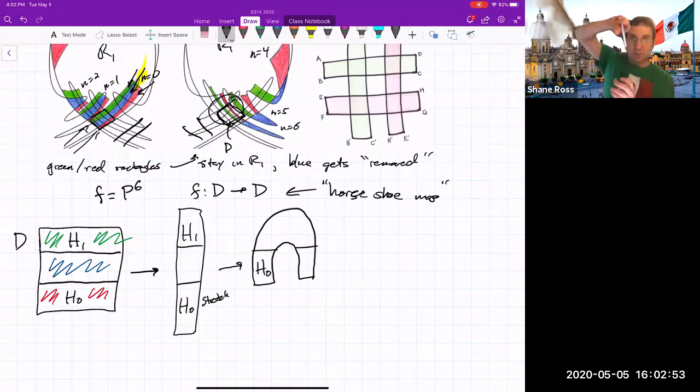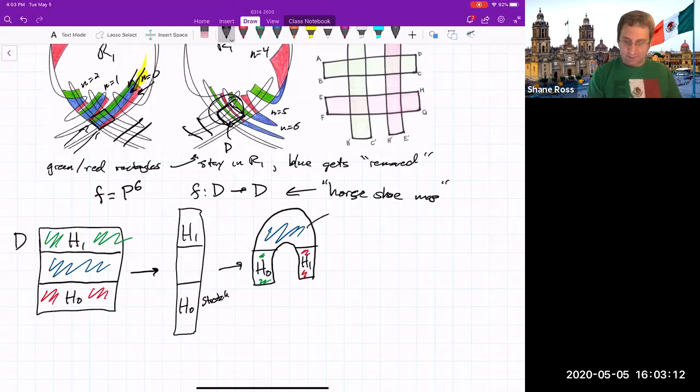We took this rectangle and folded it back: H0, H1, green, then red, and then blue. We threw the blue out, actually just the middle rectangle, away.